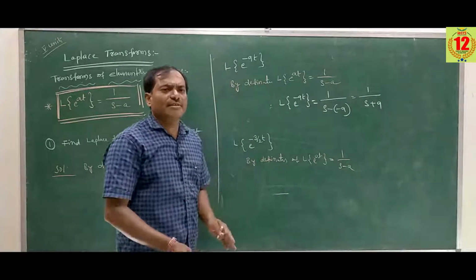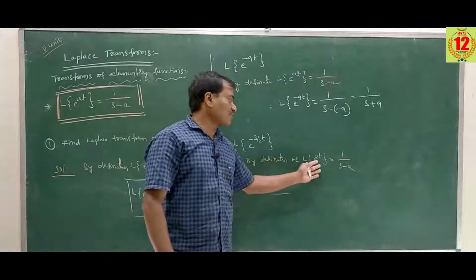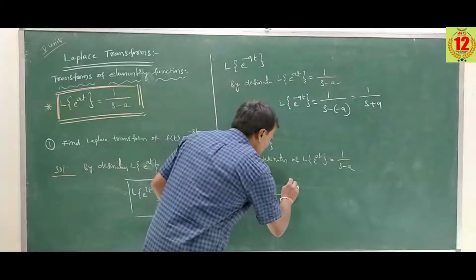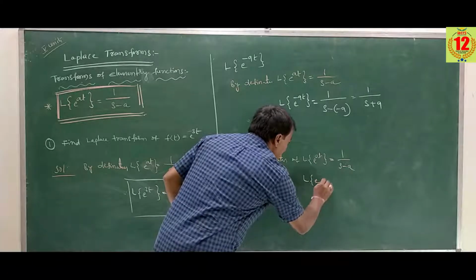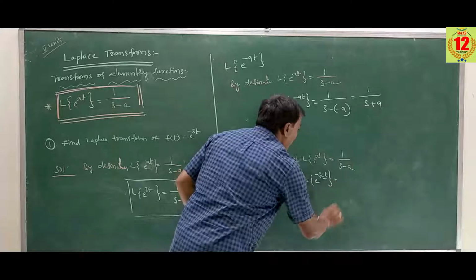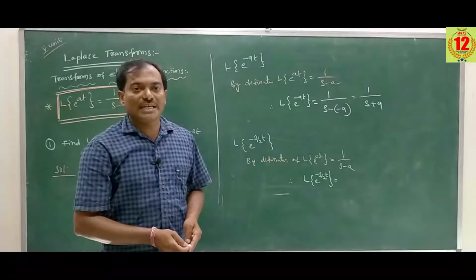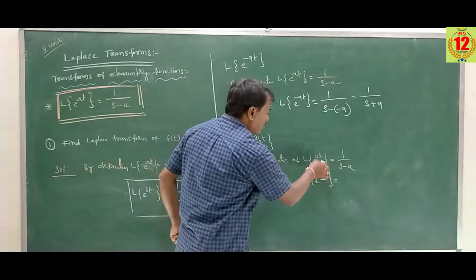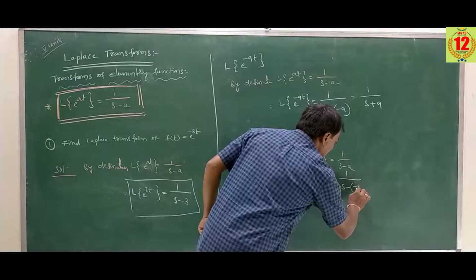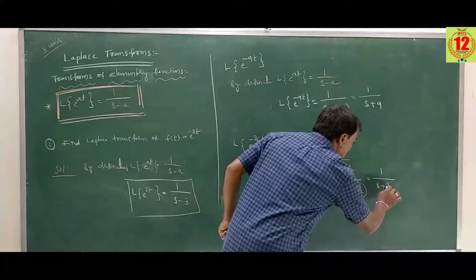Every time we write the definition of this elementary function. Therefore, Laplace transform of e power minus 3 by 2 t. Now compare again these two functions. What is a? a equal to minus 3 by 2. We substitute in the right hand side: s minus of minus 3 by 2. This is equal to 1 by s plus 3 by 2.